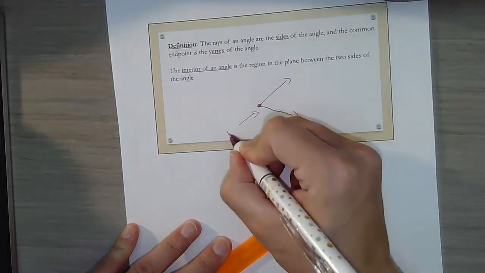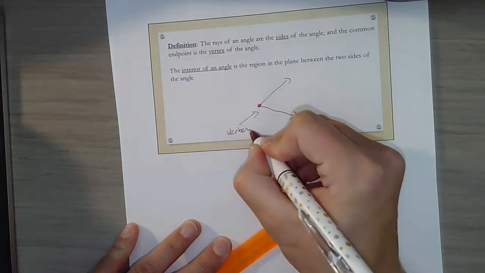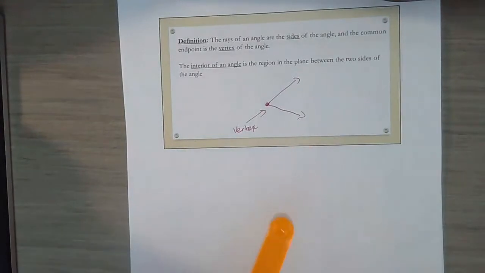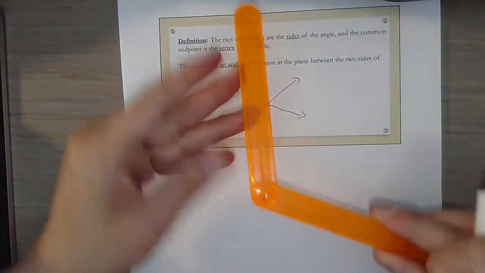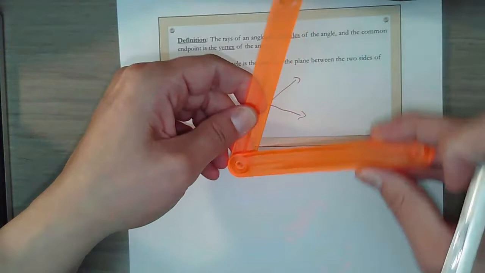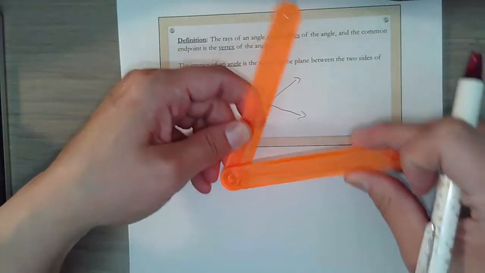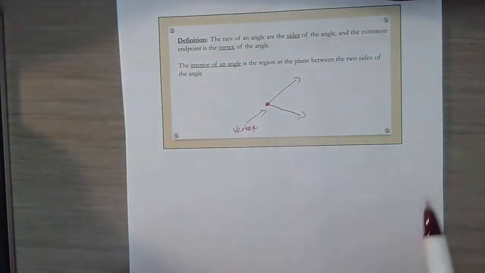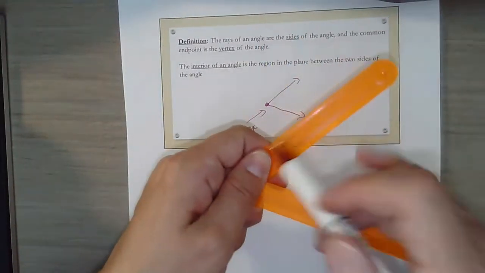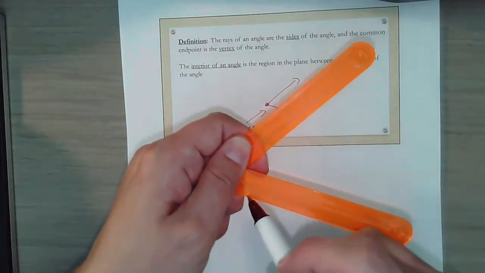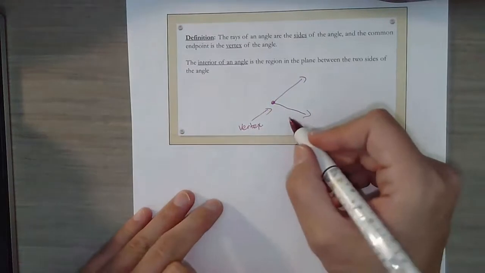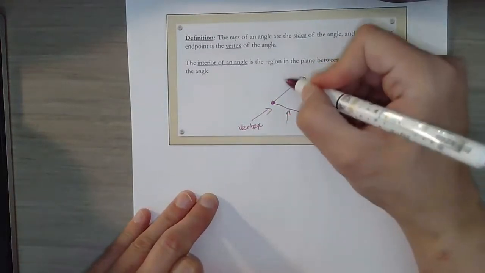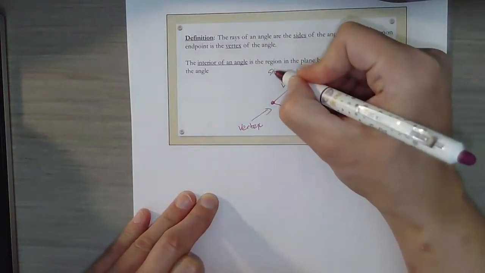It's where it can change. So I'm changing this around the vertex. And these arms, or these rays, are the sides. So this is a side and this is a side.